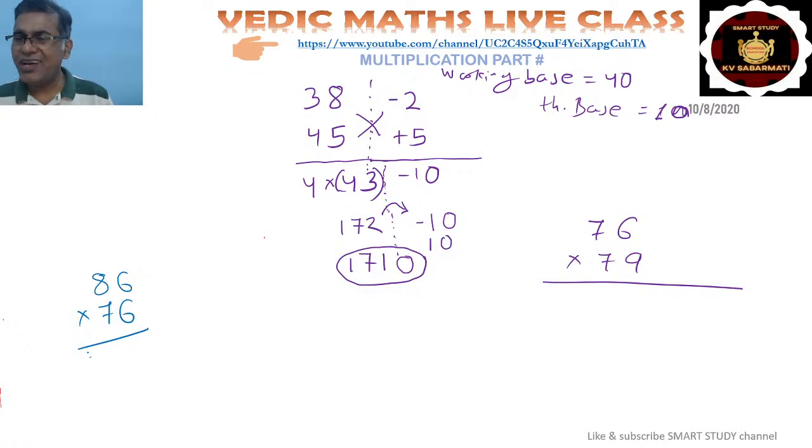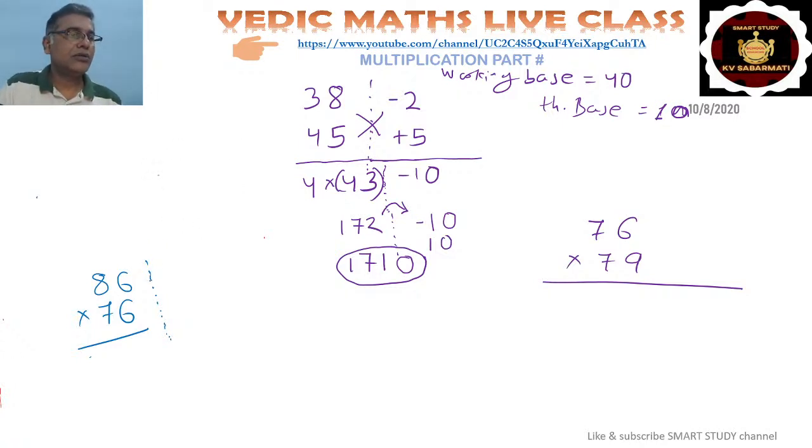My voice is clear? Voice and video both are clear or not? Just respond. Okay, very good. Veer, Aditya. Okay. So finally, once again I am telling, then we'll do different type of question. Okay, beta.